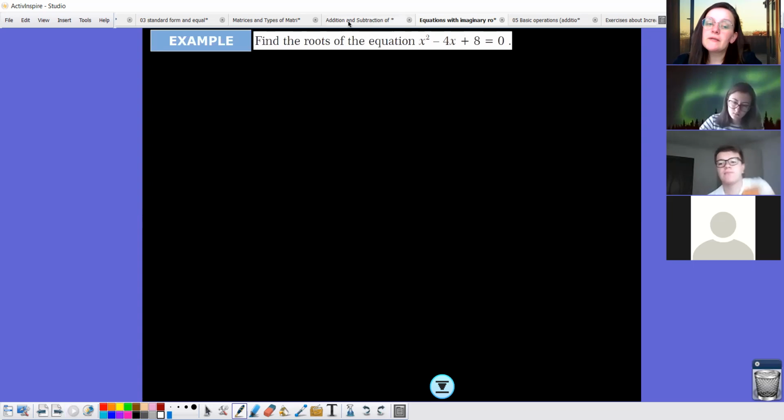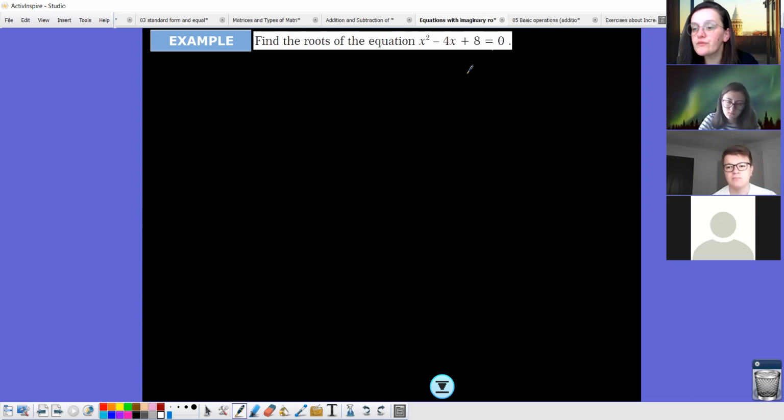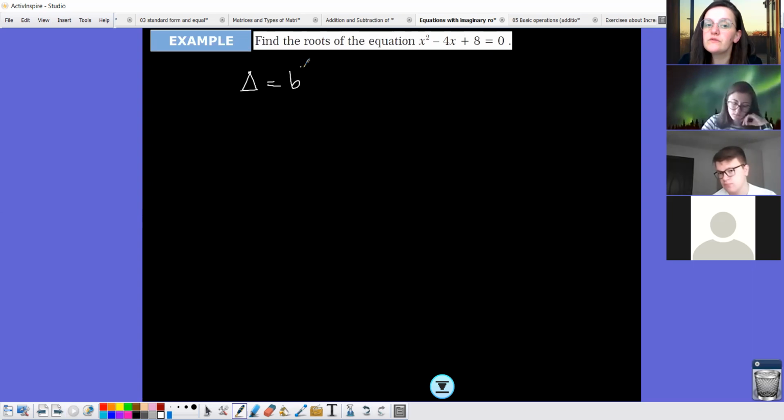Now we have this equation, and if you try to factorize, you cannot factorize it. So in that case, what we were doing, we were checking the discriminant, which is b squared minus 4ac. Now, what is b here?